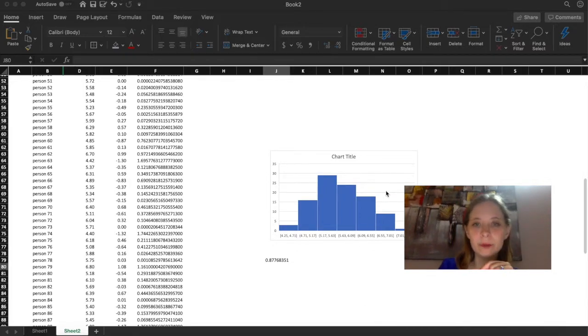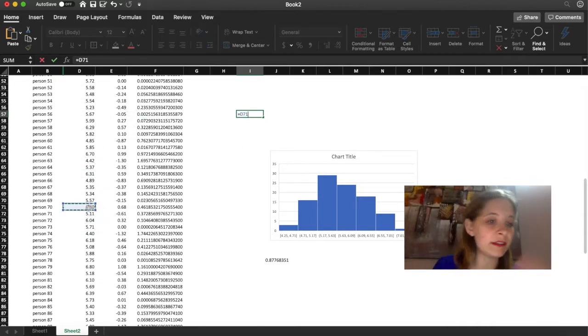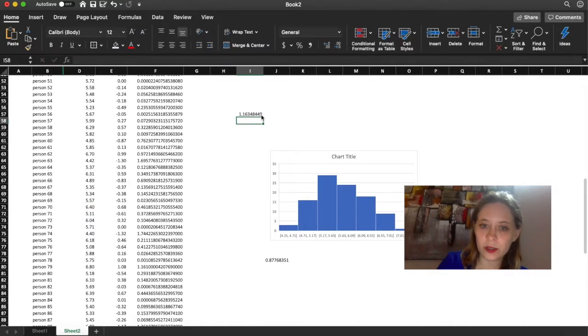We could go ahead and do it right now. It would be any of the observations. We can stick with 6.4 because it's the one that we had been working with before. We subtract the mean and we divide it by the standard deviation. That's going to give us a number.